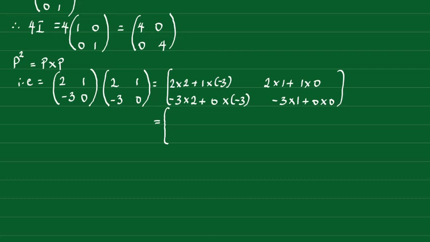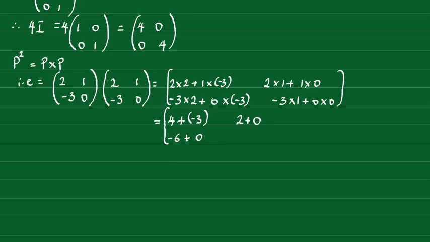This will be equal to: 2 times 2 gives us 4, plus 1 times -3, which gives -3. 2 times 1 will give us 2, plus 1 times 0 gives us 0. -3 times 2 gives us -6, plus 0 times -3, we're going to have 0.